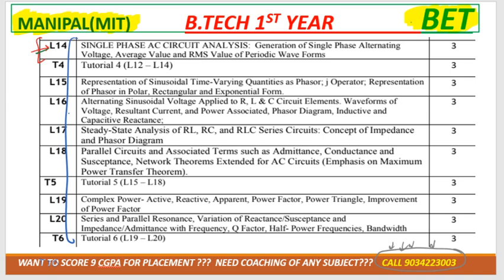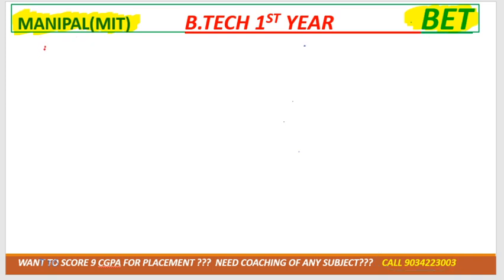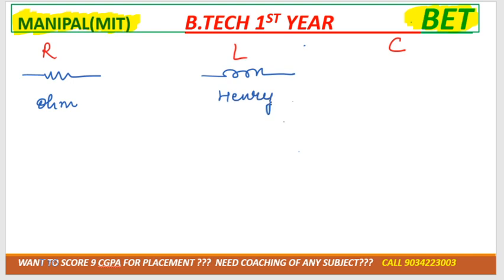Before studying AC circuits, we should know what a resistor, an inductor and a capacitor are, because we are going to learn about R, L, C in series. R is the resistor and its unit is ohm. L is the inductor and its unit is Henry.